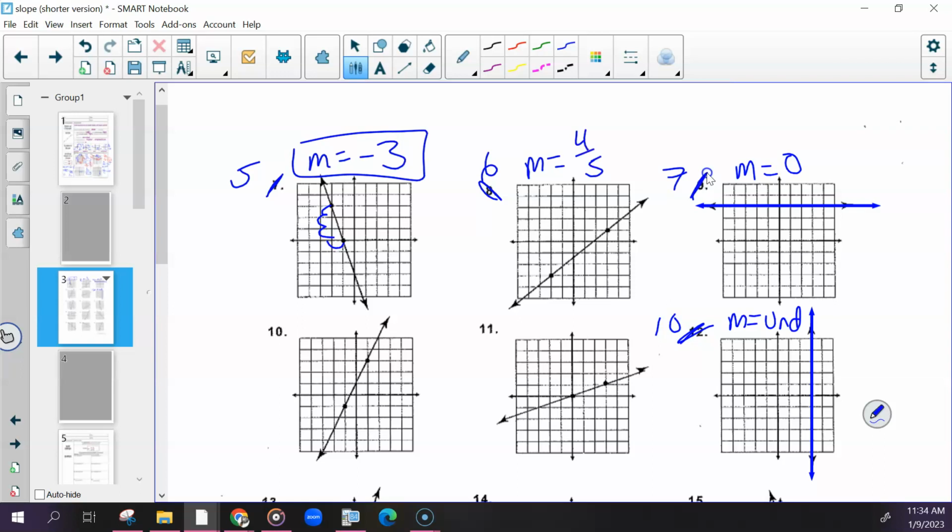Are there any others on that page we want to see, go over, check? If not, go on to the next page.